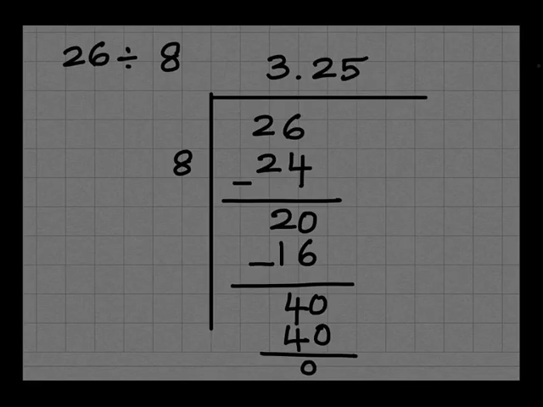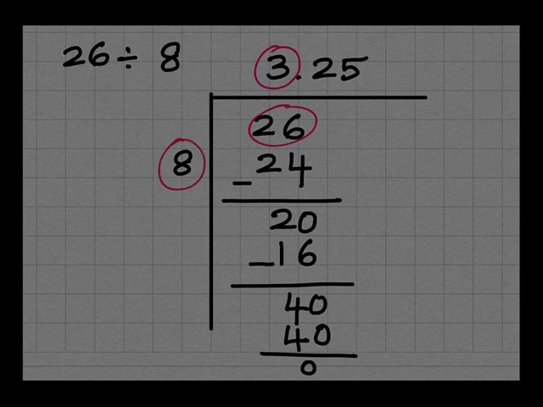Now let us see division: 26 divided by 8. Okay, so when 26 is divided by 8, 26 is the dividend and 8 is the divisor. How many 8s go in 26? 3. 8 times 3 is 24.